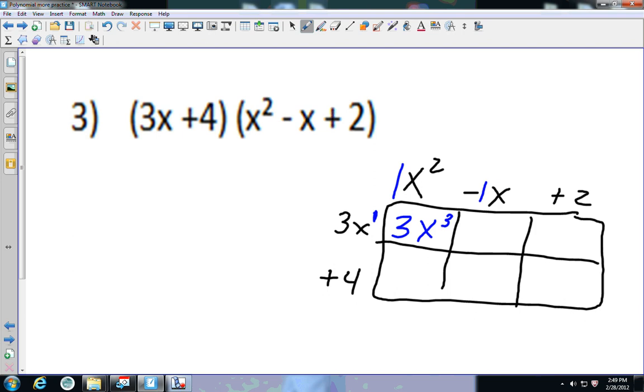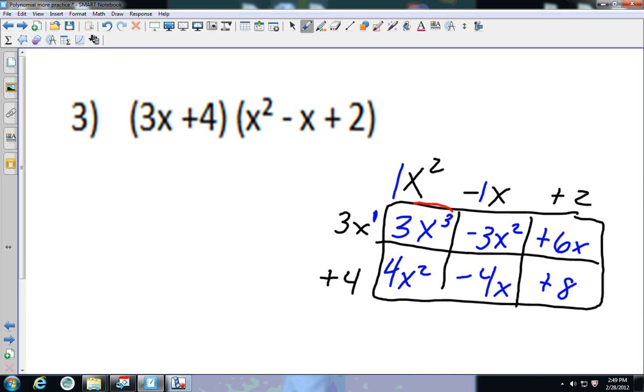3 times negative 1 is negative 3. X times x is x squared. 3 times 2 is plus 6x. Right here I have 4 times x squared, 4x squared, 4 times negative 1x, negative 4x, 4 times 2 is plus 8.